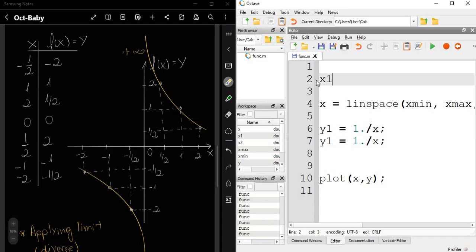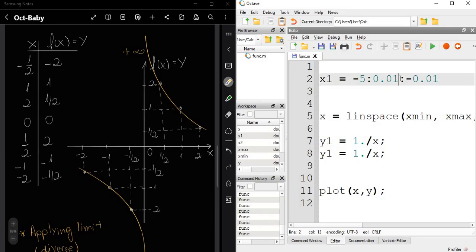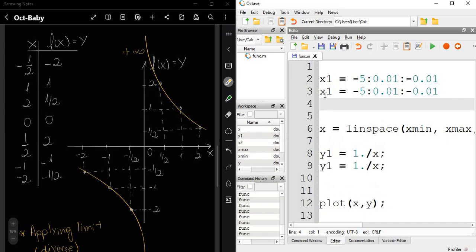So x1 is equal to minus 5 in the precision or step, and minus 0.01, and so there are these two vectors.